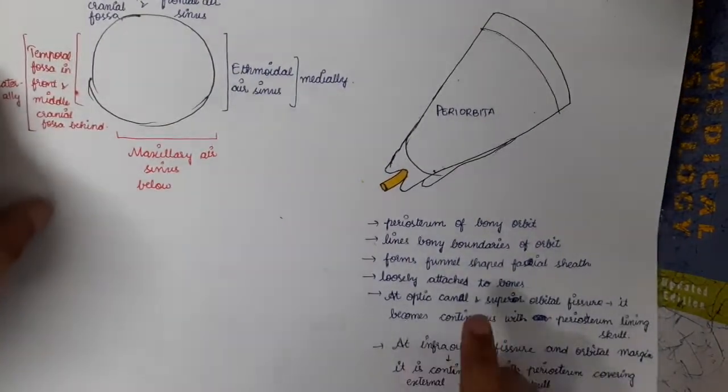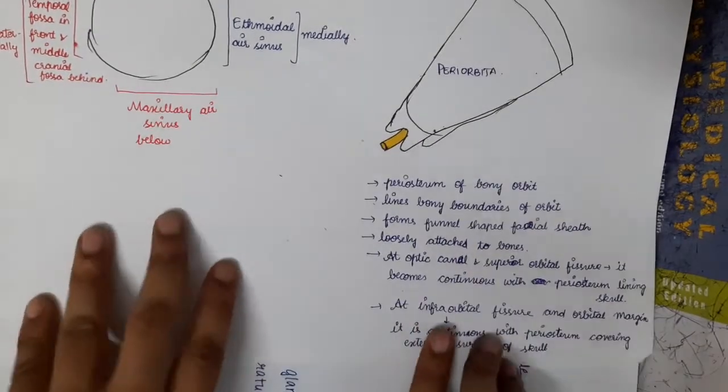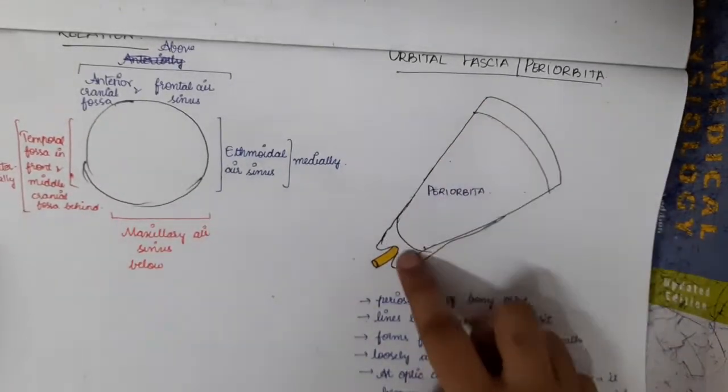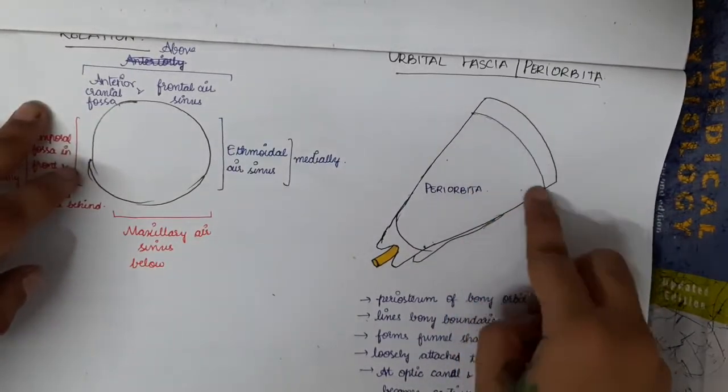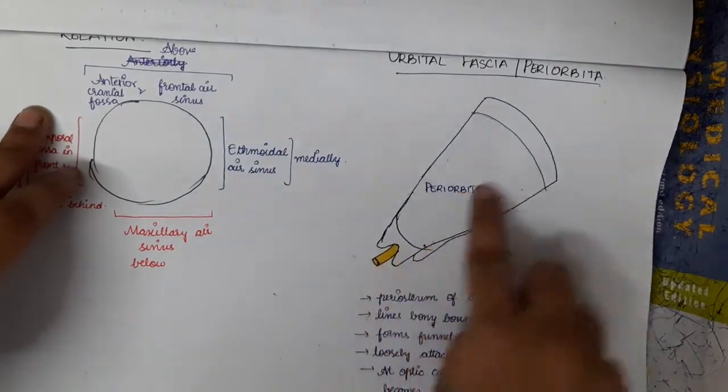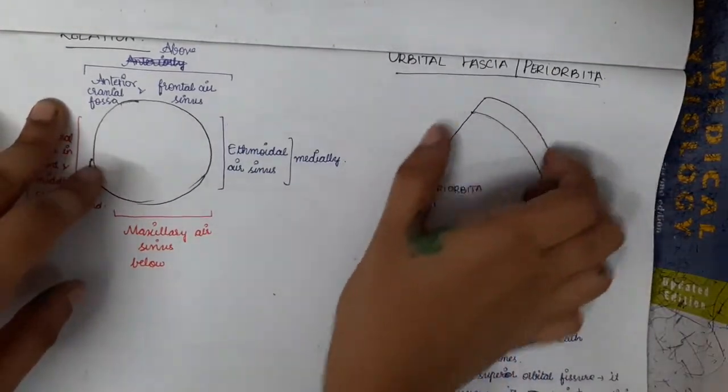Then what is orbital fascia or periorbita? If this is the orbit, this is the orbital opening, and this is the optic nerve which is going on. This is the bone of the orbit.